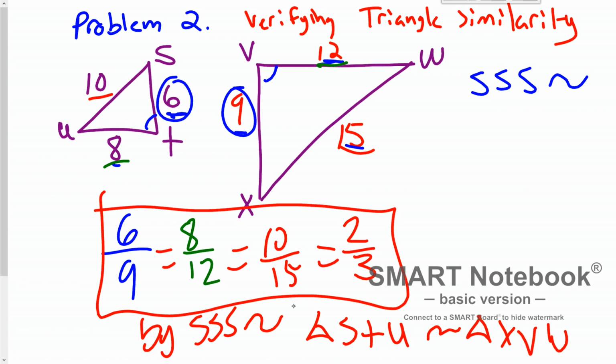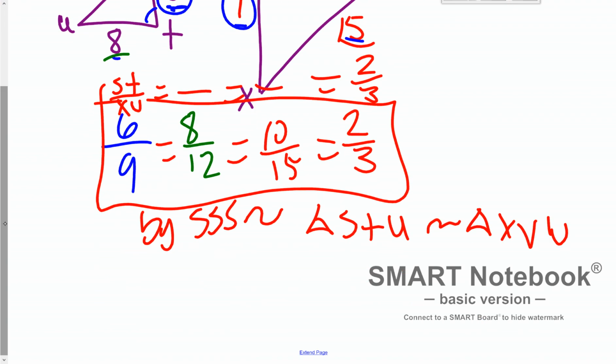So I'd say that. Maybe a little bit more work would be to say this 6 is ST over VX, kind of like that. Actually, it would be backwards, XV equals, and then I'd set up this one, and then this one, and then say they all equal 2/3, something like that. Okay, I think that's it for that one.